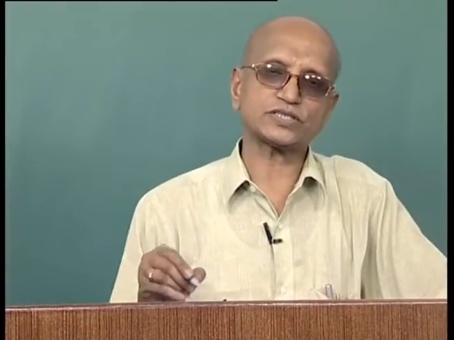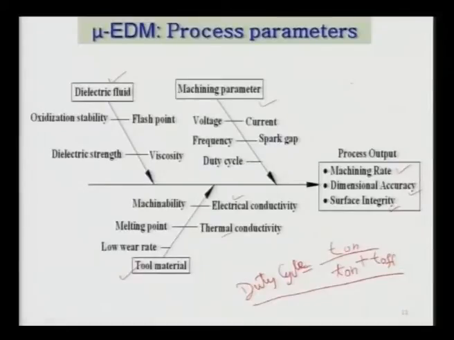And how much is the recast layer, how much is the surface damage, I am not going to discuss them, but these are all features that we have seen while we were discussing electric discharge machining. There I have told you in detail about the heat affected zone, that is HAZ, recast layer and other features.